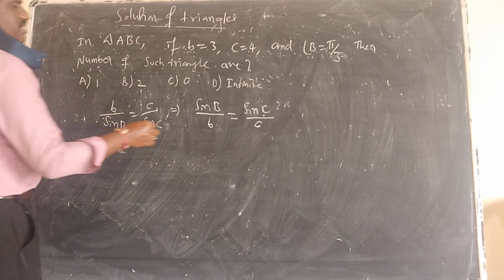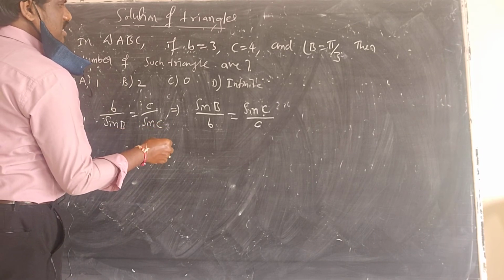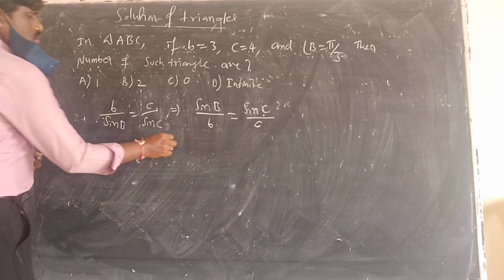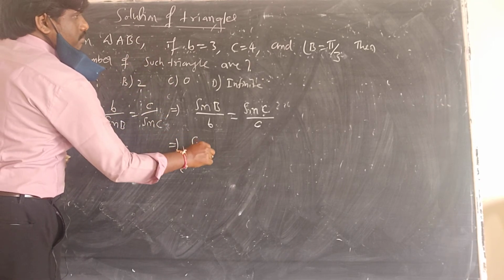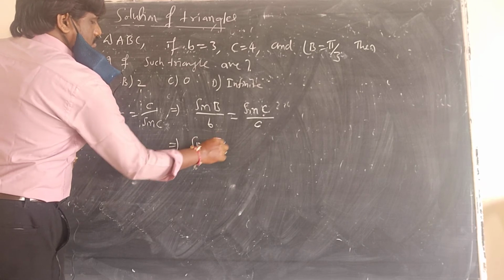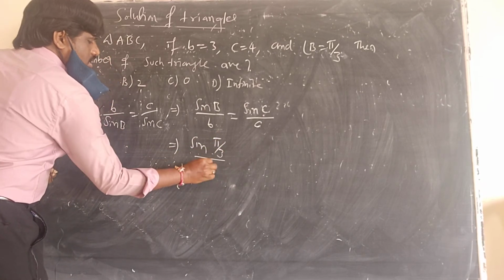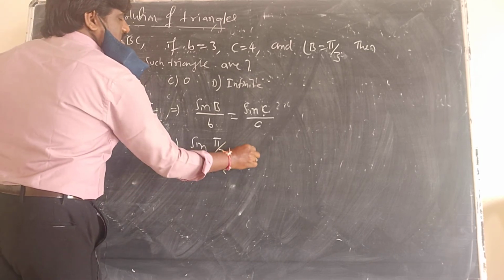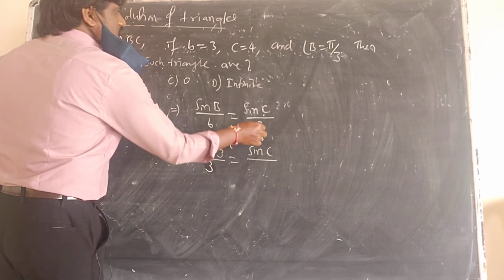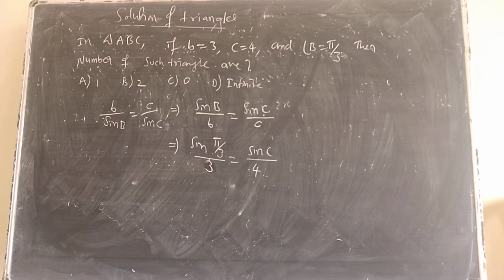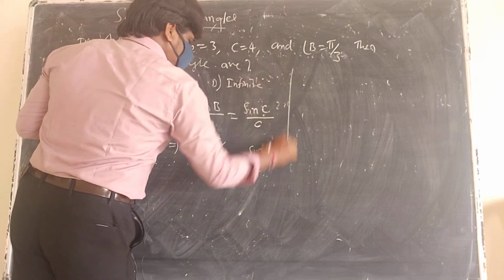What is given? b and c are given, and angle B is given, pi by 3. So I can substitute here: sine pi by 3 by b, b is 3, is equal to sine C by c, c is 4. Means my target is to find sine C. Right? Tanishka is saying 2, but it is not.